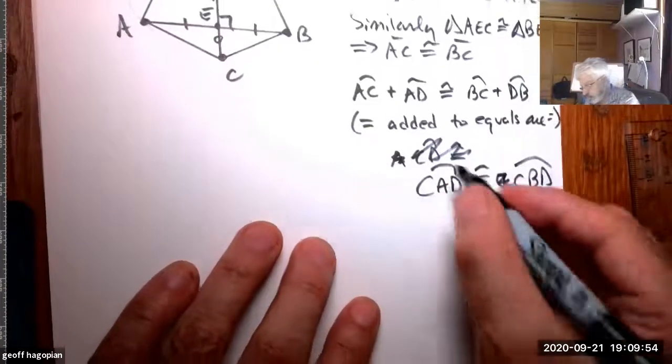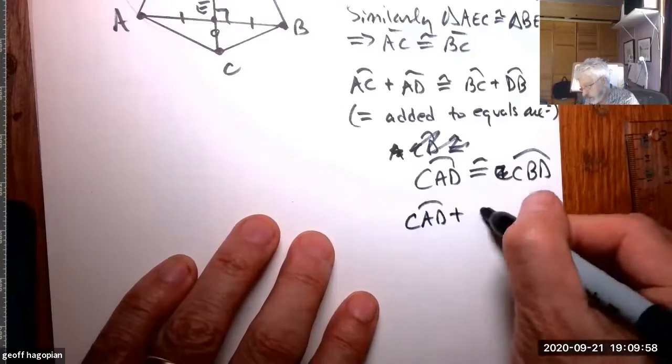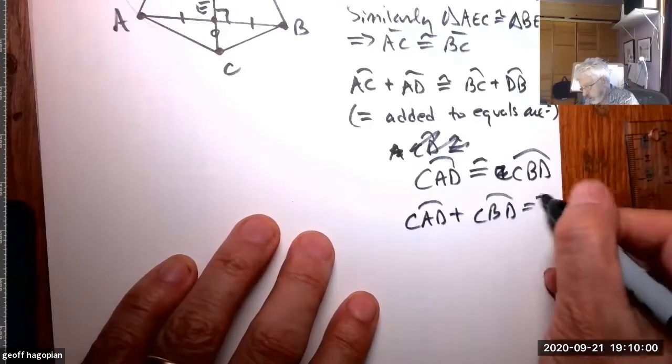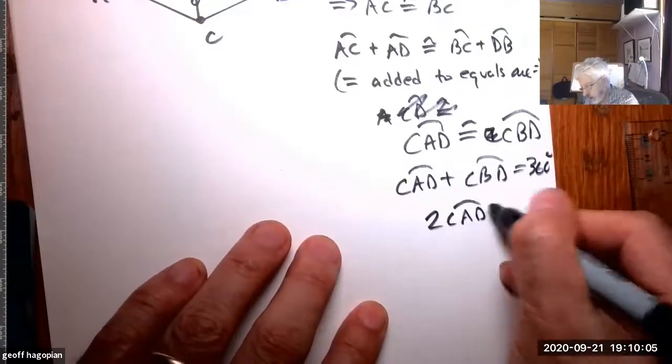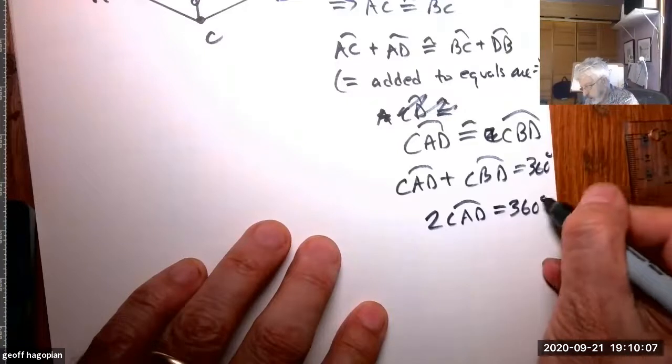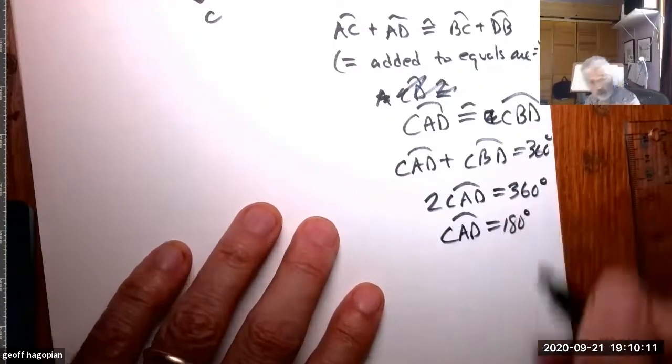So the measure of CAD plus CBD is 360, it's the whole way around. So twice CAD is equal to 360. And that says that... this is a lot of trouble. I was trying to be quick.